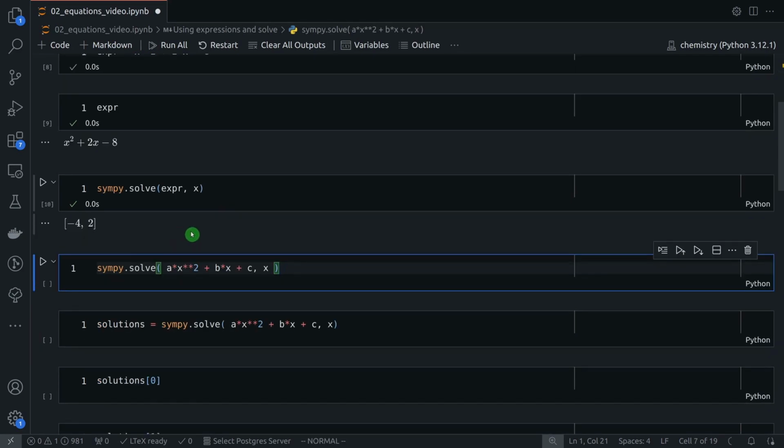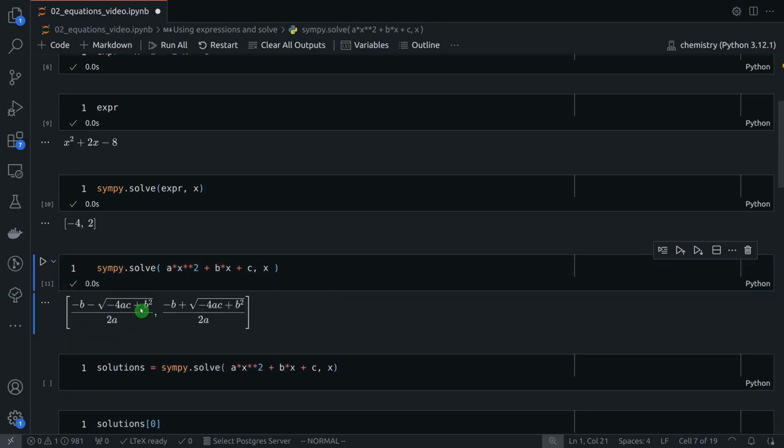Since SymPy is a symbolic package, we can solve an expression using only symbols. So here we have a general quadratic expression. If I run the cell, we'll have here the general formulas that we can use to find the roots of this expression.